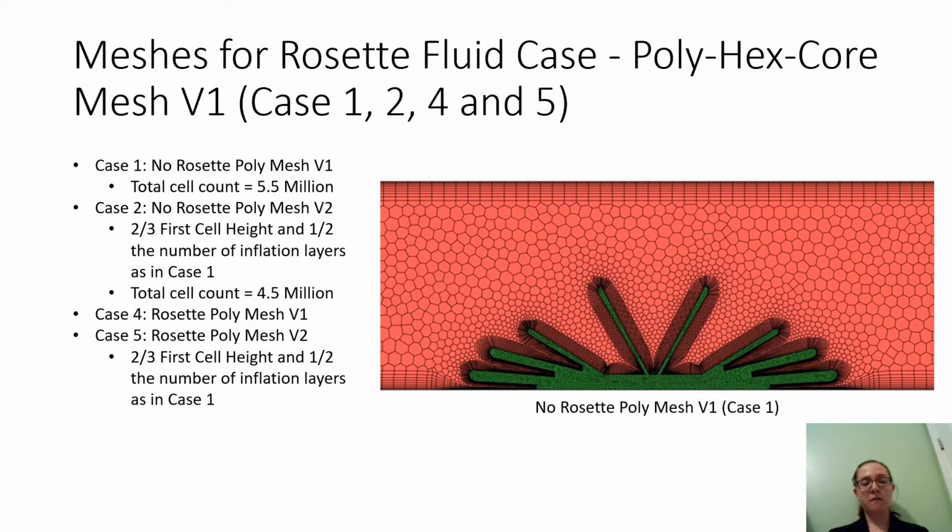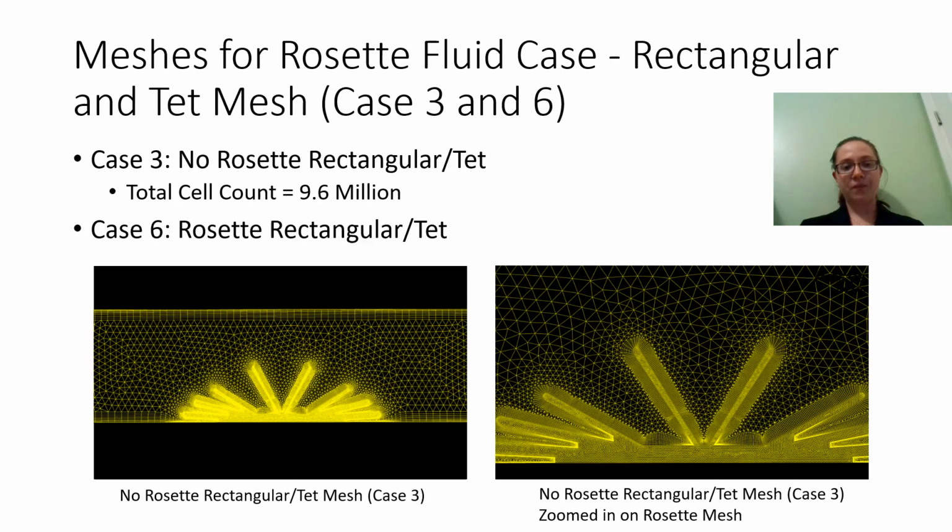Version 2 was very similar to version 1, except that in the inflation layers coming off of the rosette, the first cell height was set to be 2/3 of that of version 1, and version 2 also had half the number of inflation layers as version 1. Case 2 and case 5 make use of the version 2 mesh, where case 2 has no rosette and case 5 has the rosette introduced.